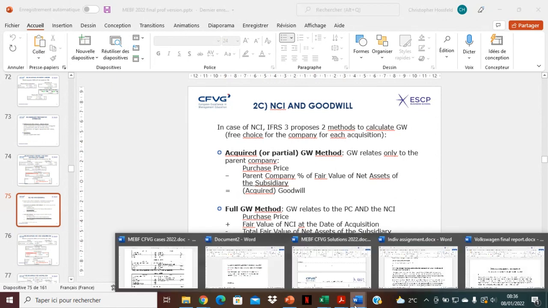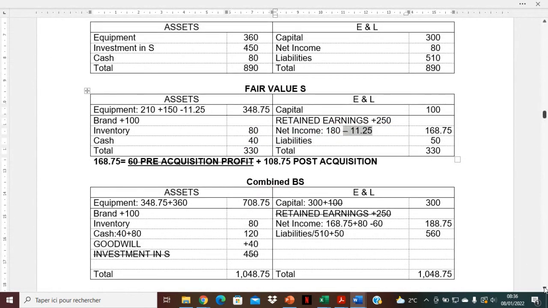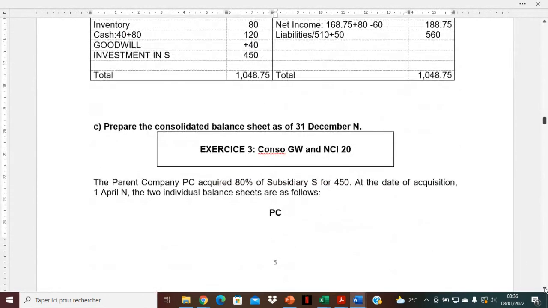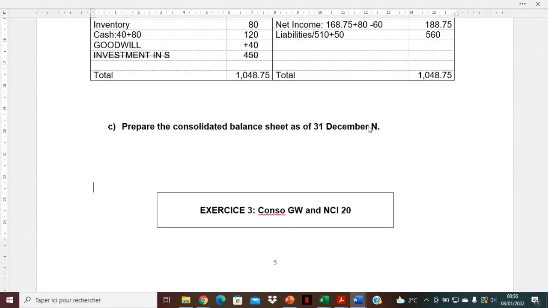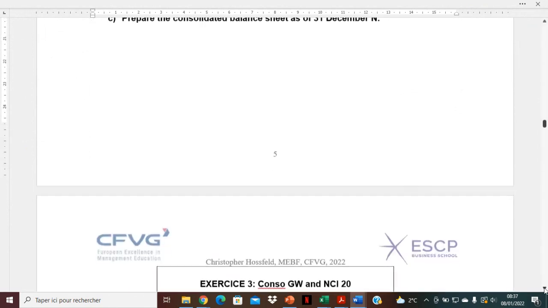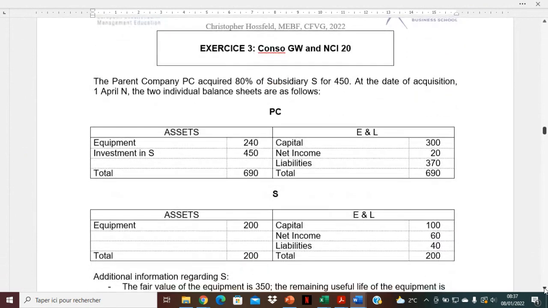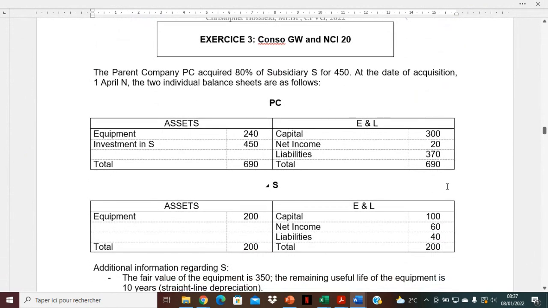Okay, now let's try this on a case, which would be exercise number 3. Here we go. Let me just put this on the next page so that we can better see. Okay. So we see here we have the balance sheet of the parent company.